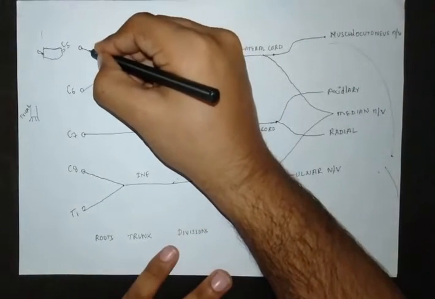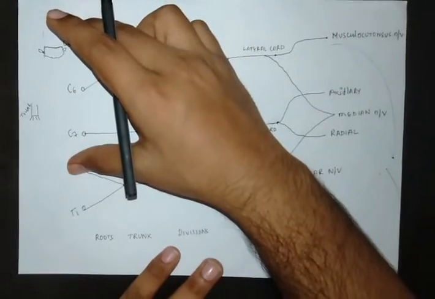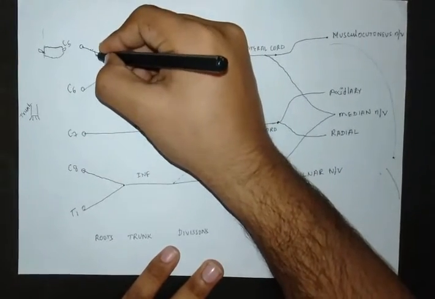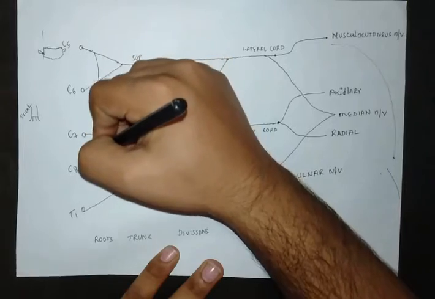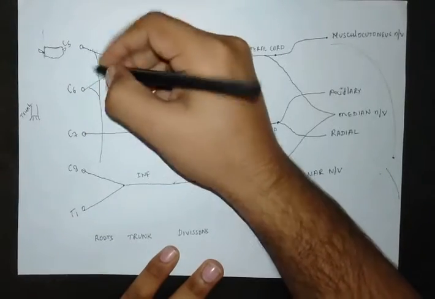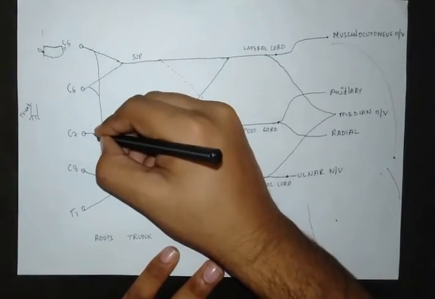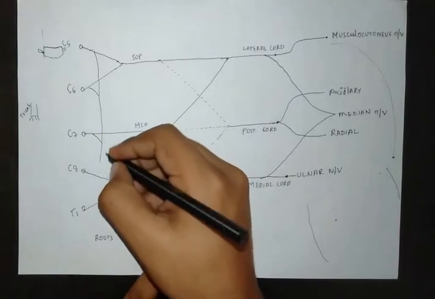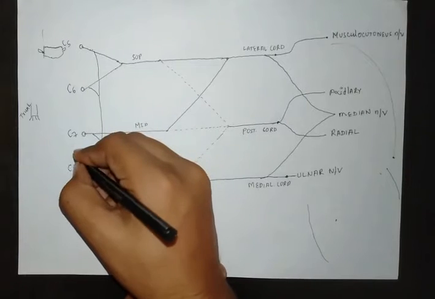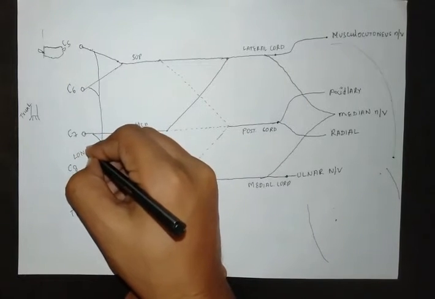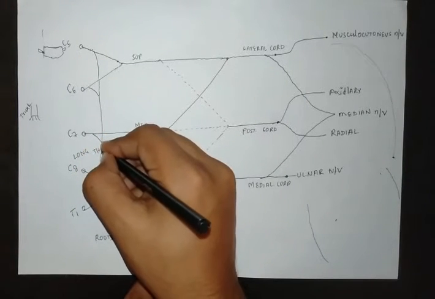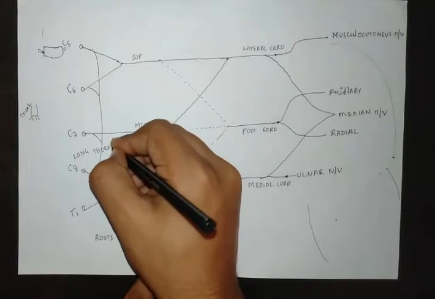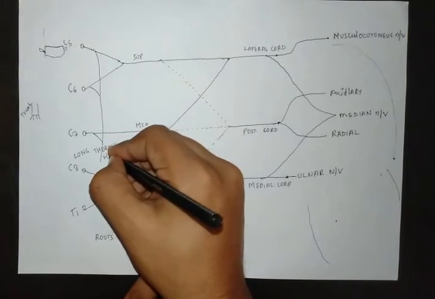First of all, there is this region high up in your neck. There is a very long nerve, since it is coming from high up in your cervical region, which comes down to the thorax to supply a muscle. So it is called the long thoracic nerve.